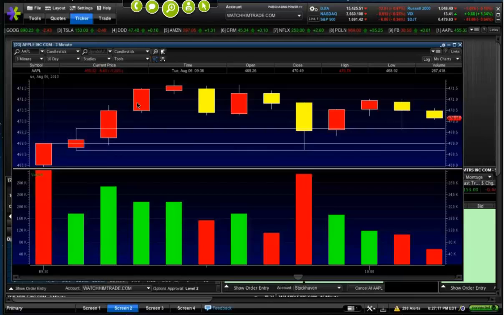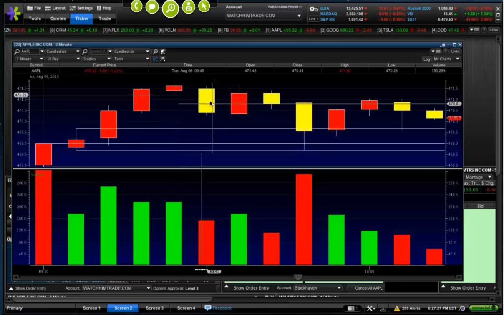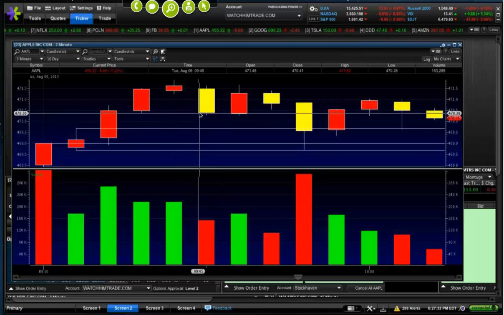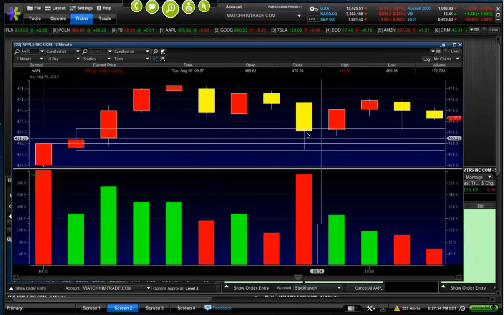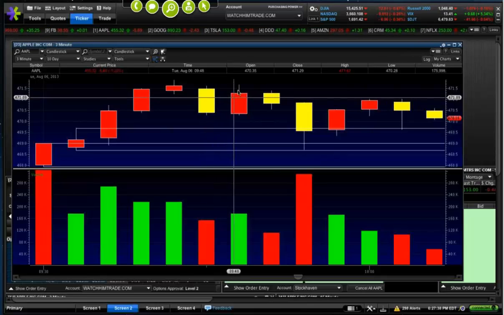So here we are. We get slight continuation at 9:39 to 9:42. Apple continues higher, but then it falls into this consolidation pattern. From about 9:45 on, it starts going sideways.